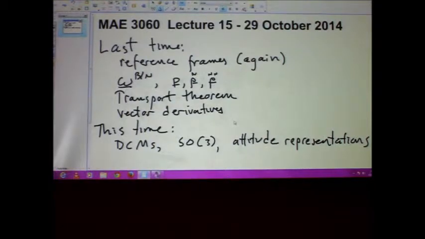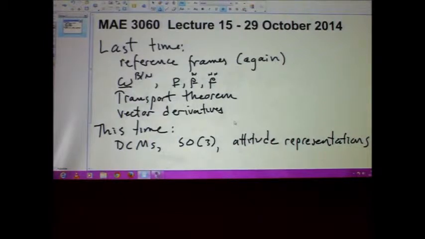We indicate the reference frame by putting the letter of the reference frame, in this case n, over that vector. So rather than saying p dot, it's p with a little n over it. And for us, n indicates the Newtonian or inertial frame. And we talked about the acceleration of that same vector, so in that case it's p with two n's over the top.